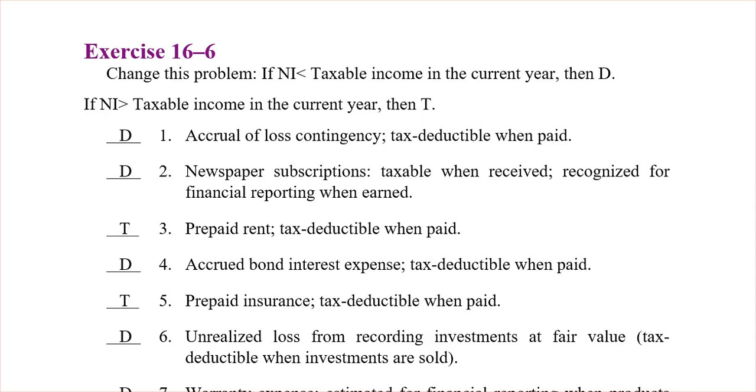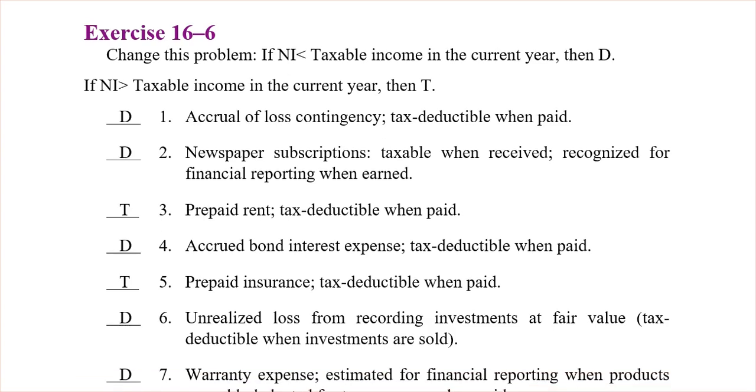I'm saying if net income is going to be less than taxable income, then you call it a D. And if you call it a D because net income is less than taxable income, you know you have to add. So anytime you see a D, you're going to call that a deferred tax asset. Work through this, and I will do a few of them with you.